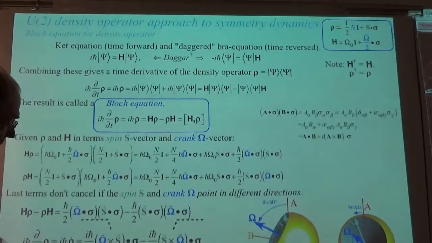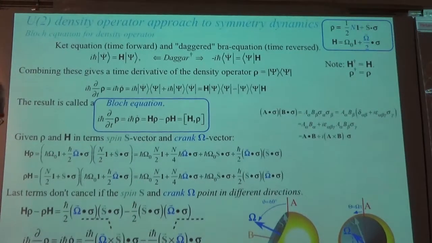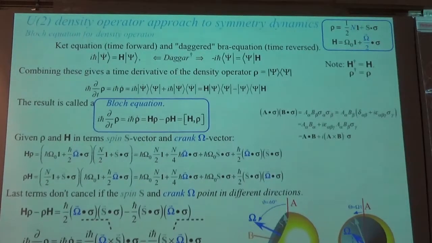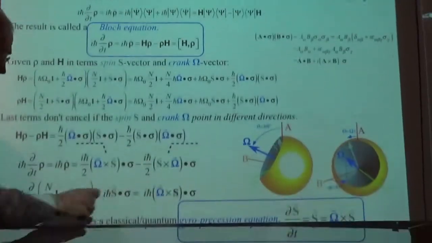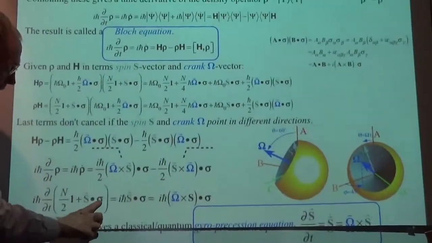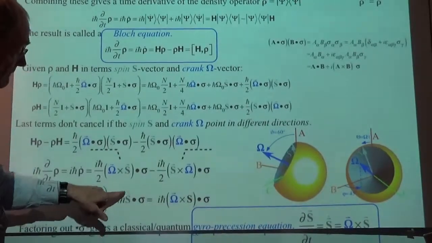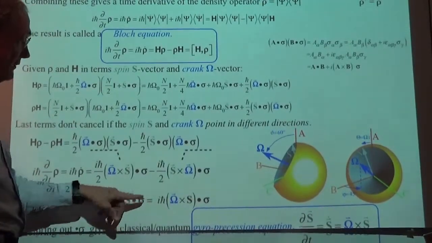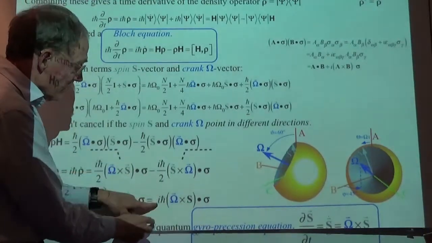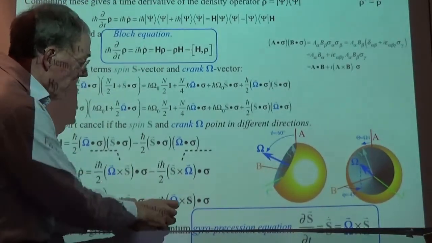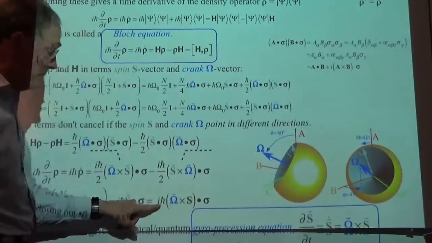This is telling us about the time derivative. This has no time derivative. We're not going to change normalization. Later on in relativity, you have to change that one too, but we don't now. So that's out of here. I've got a time derivative of this, and this of course is a constant. The time derivative of this dot sigma is equal to, and these things come together here to give us, a positive omega cross S dot sigma.